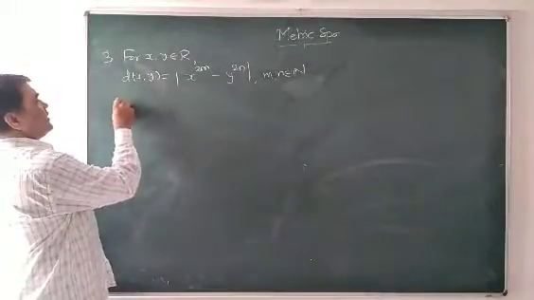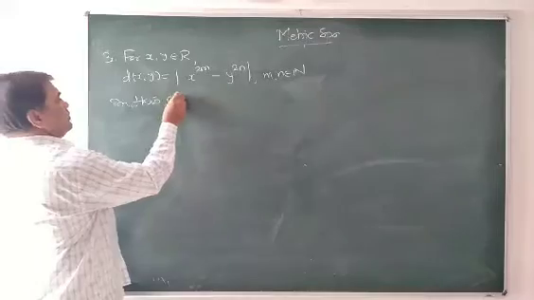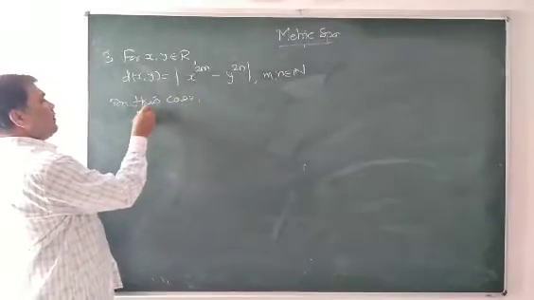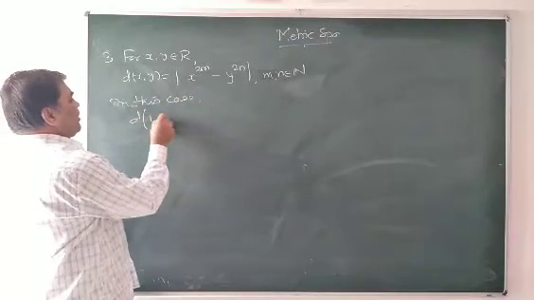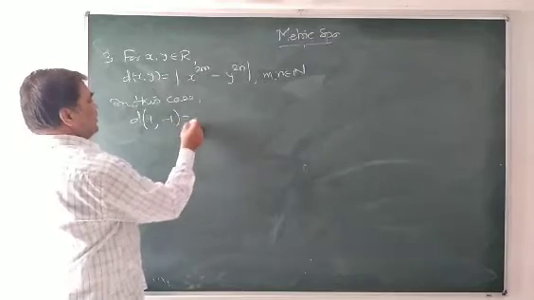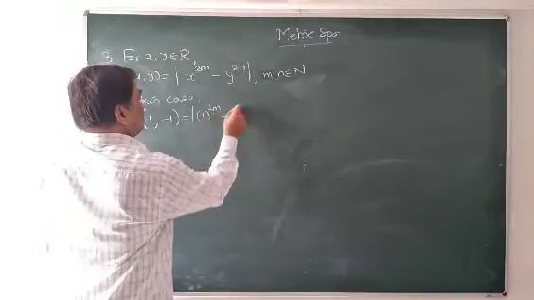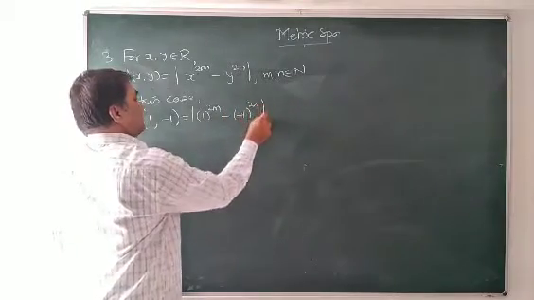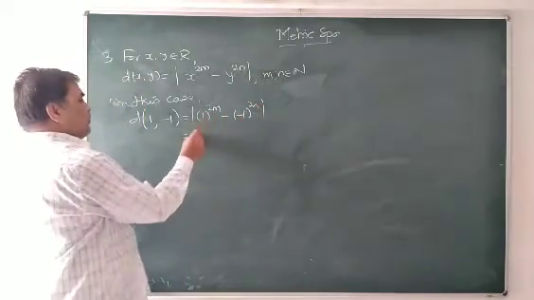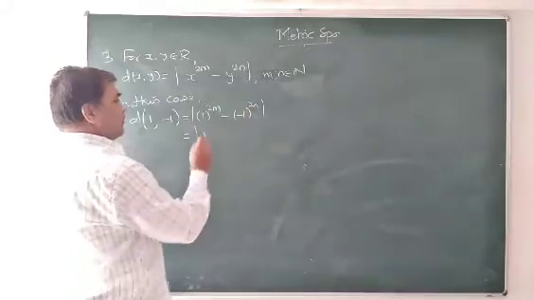In this case, d of 1, minus 1 is nothing but mod of 1 raised to 2m minus minus 1 raised to 2n. 1 raised to an even power is 1, and minus 1 raised to an even power is 1.